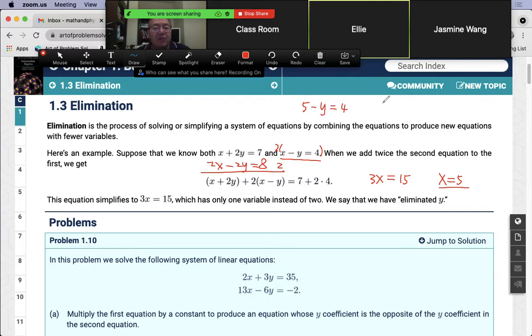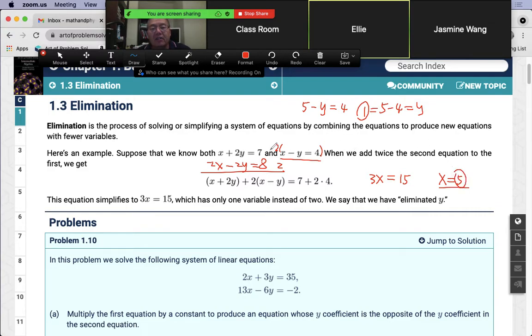First, both sides plus y, you get 5 equals 4 plus y. Then both sides minus 4, you get y equals 5 minus 4, which equals 1. So therefore, we got y equals 1, x equals 5.